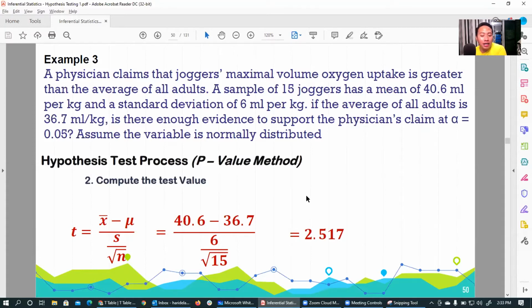So you can get your calculator. I'm going to give you 1 minute to confirm the answer if it's really 2.517.